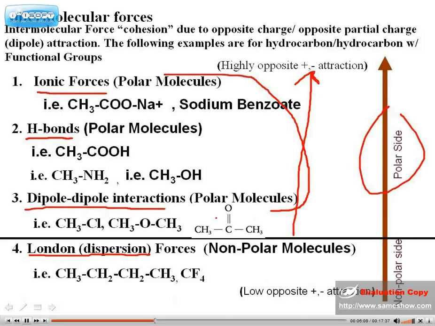So for example, if I take a look at this molecule that I'm highlighting, this is a hydrocarbon derivative with what's called an amine group attached. Notice it's part hydrocarbon and then part amine functional group. It turns out that there is some London force happening on this left-hand side.